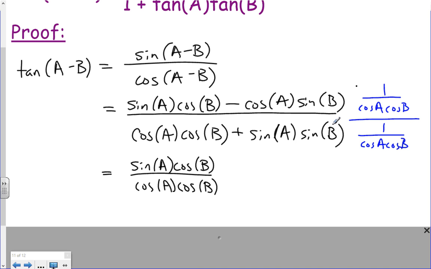I've multiplied those two together. Do the same thing for the next term here. So the numerator, again, is this cosine of A sine of B. And that's all divided by the cosine of A times the cosine of B.